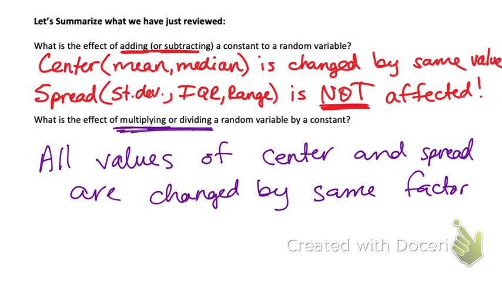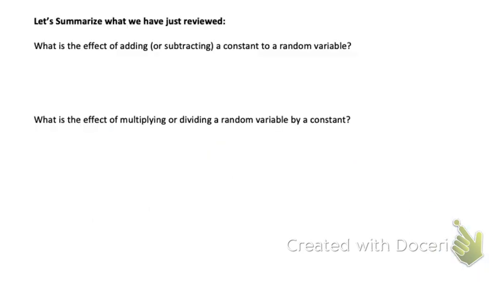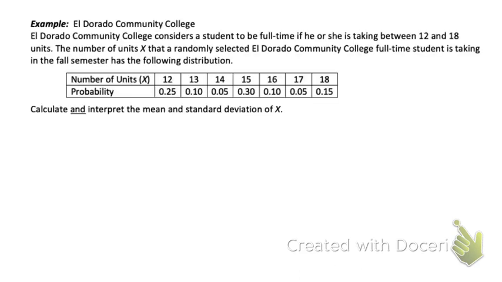All right, let's look at an example. El Dorado Community College. A student is considered to be full-time if they are taking between 12 and 18 units or hours at this college. We're going to let X be the number of hours that a randomly selected full-time student is taking.